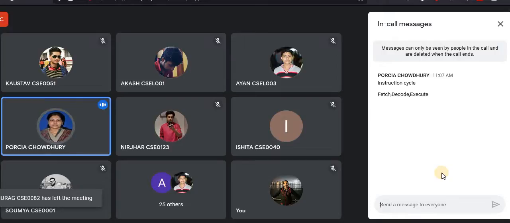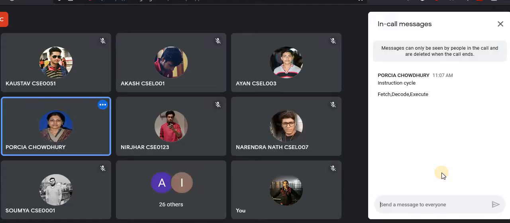So these are all the 5 steps you have in the instruction cycle. Whenever you get a question like what do you mean by instruction cycle, you first start with the basic 3 steps: fetch, decode and execute. Now, to simplify it more, we break these 3 steps into 5 steps.